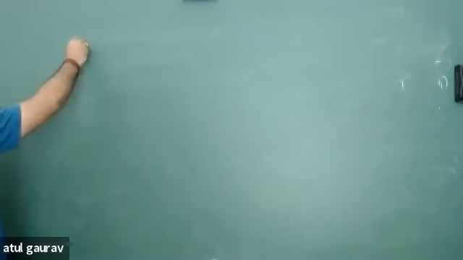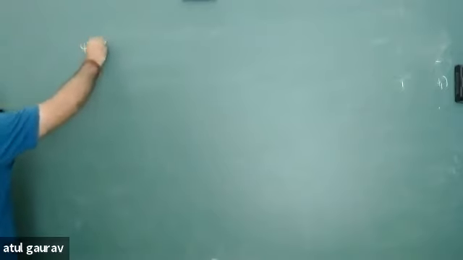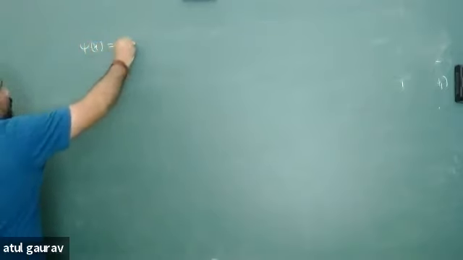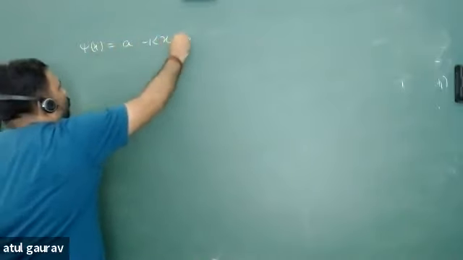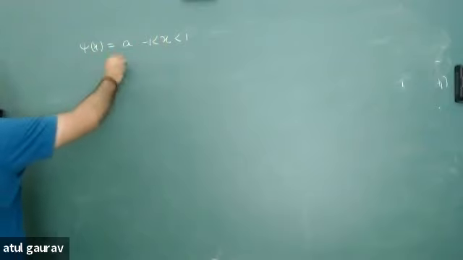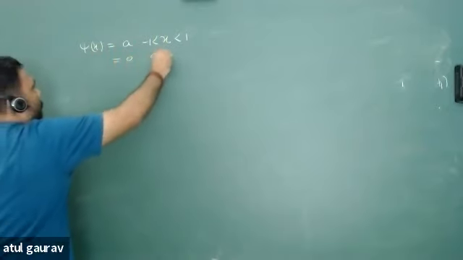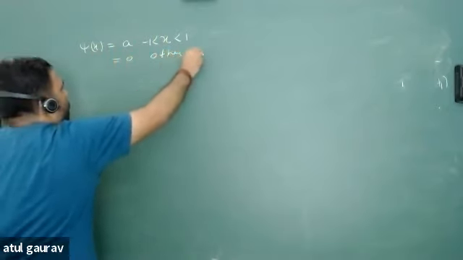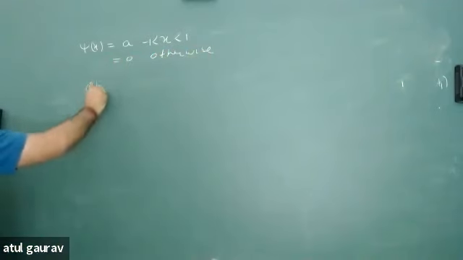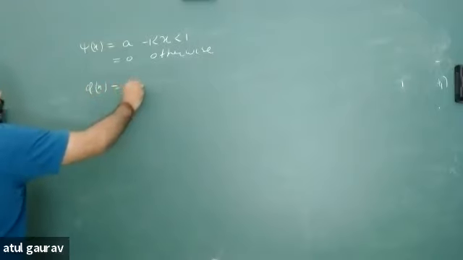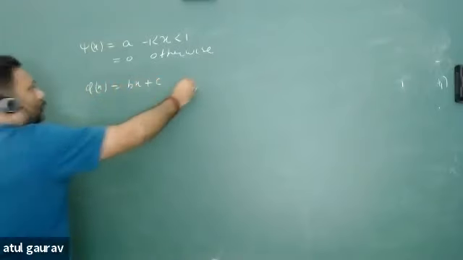Suppose we have any function psi x. Let's say this psi x is a, where x is between -1 to +1 and 0 otherwise. Let's say another function phi x is equal to bx plus c.